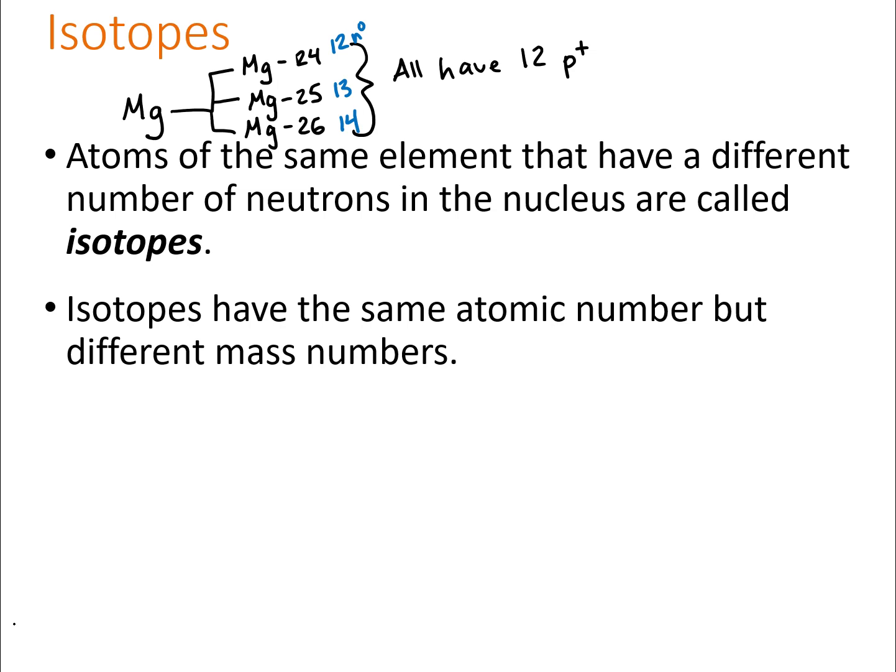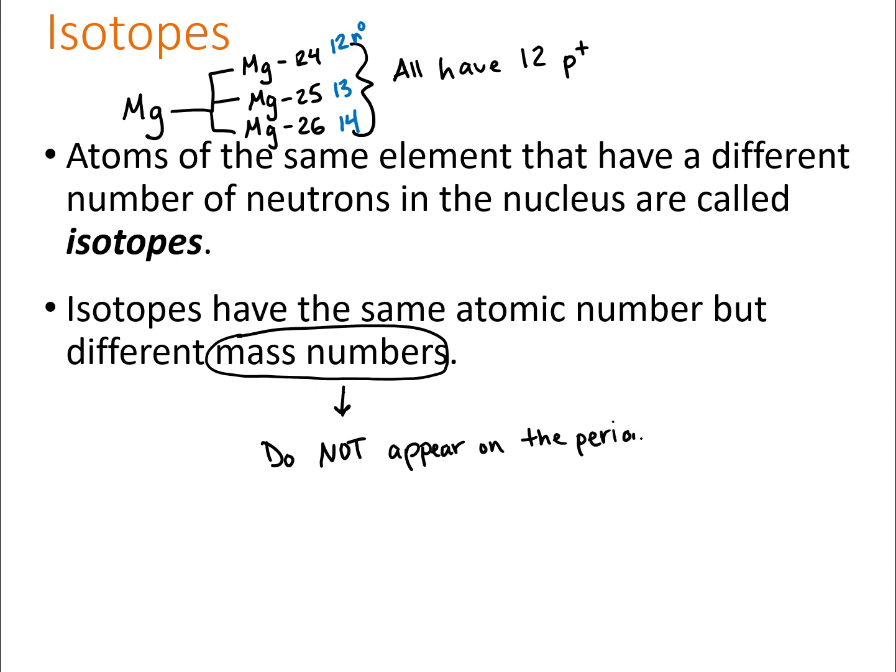Also of note, when we're talking about the mass number, mass numbers do not appear on the periodic table. The mass number is a whole number. So is the atomic number.